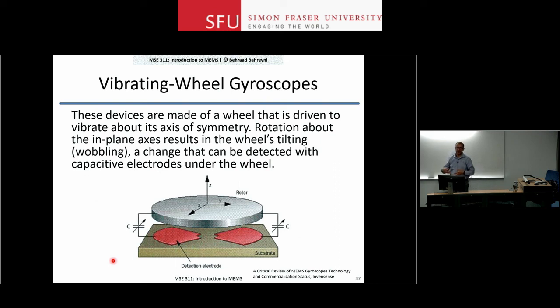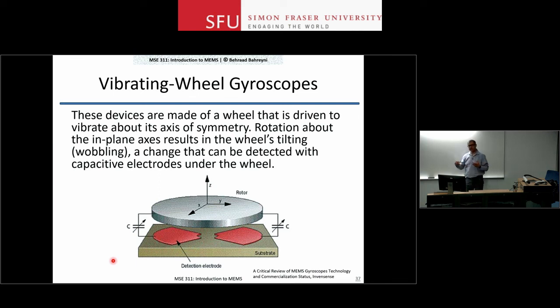An alternative to this design, where I have two resonators that are moving in plane, is a vibrating wheel gyroscope. In this case, what I have is a wheel that is rotating, let's say in the initial case. If you have a rotation along the x or y axis, the wheel will tilt, right? The wheel wants to maintain its angular momentum, and it will tilt relative to the substrate.